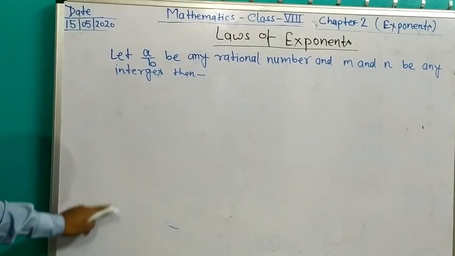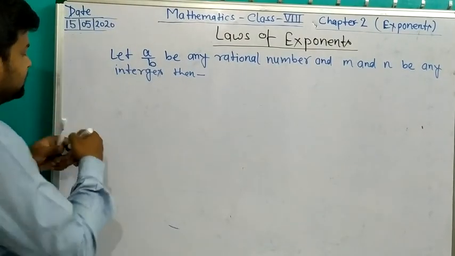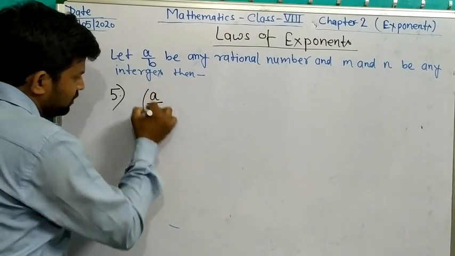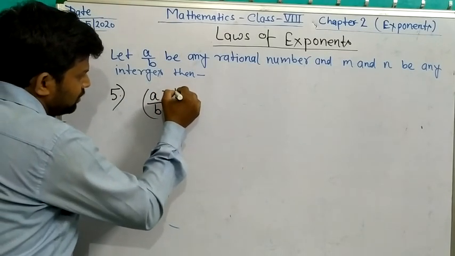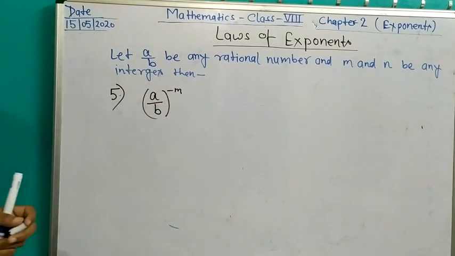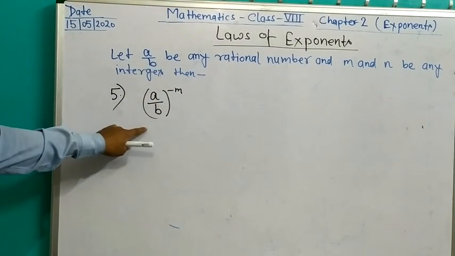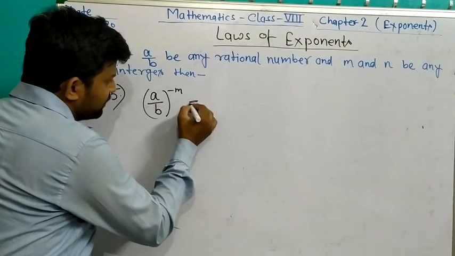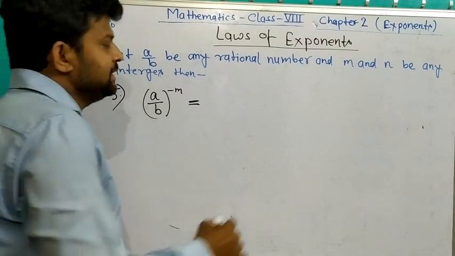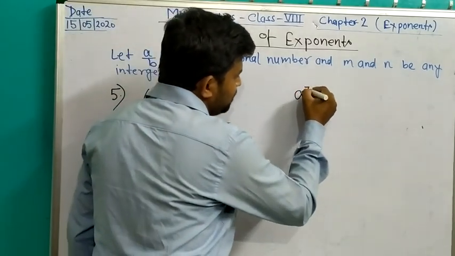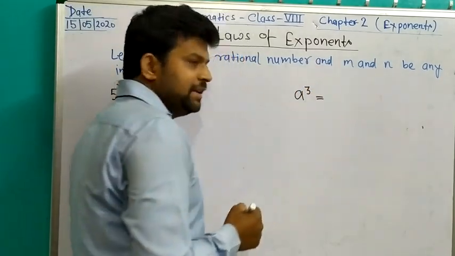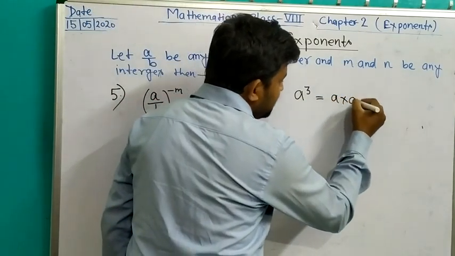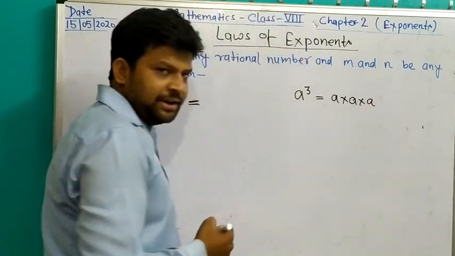Fifth property is (a/b) whole to the power minus m. Here we see that when we write a to the power 3, we write a multiplied by a 3 times.